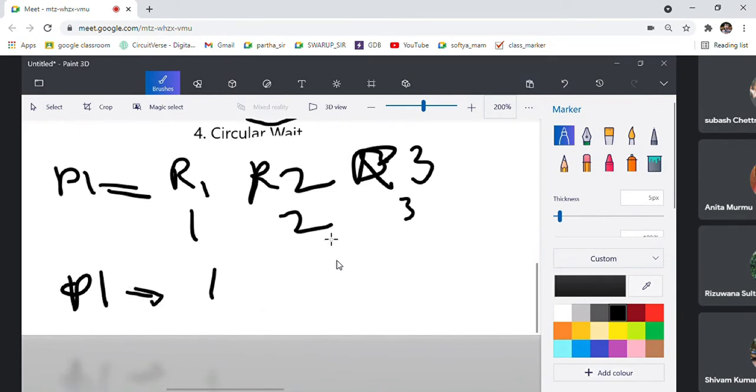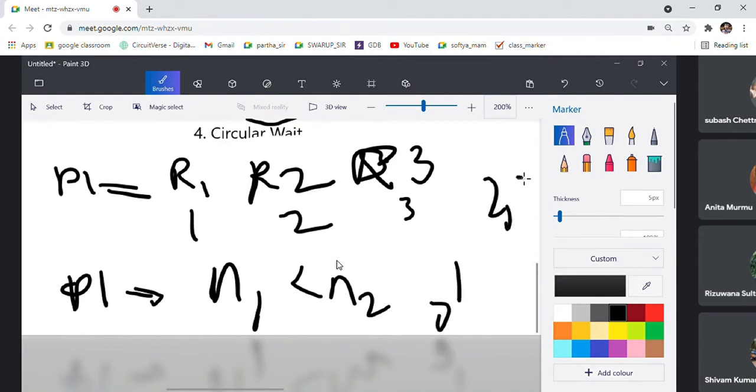It can request only for that resource if this number N1 is lesser than N2. So if it already has 1 and wants 2 or 3, since 1 is lesser than 2 or 3, only then assign 2 and 3 to it.